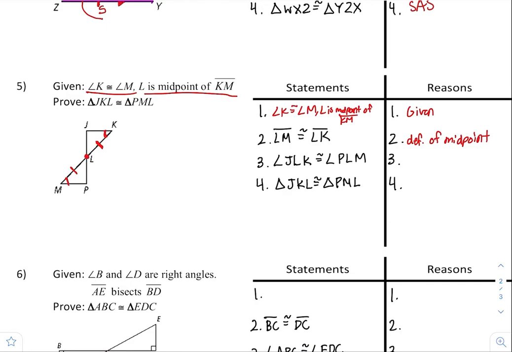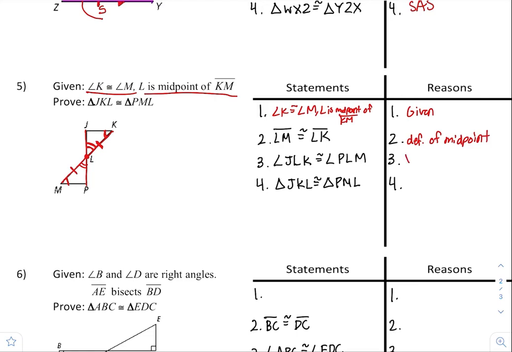Now, we have angle JKL. Oh, sorry. Angle JLK is congruent to angle PLM. Now, why are those congruent?